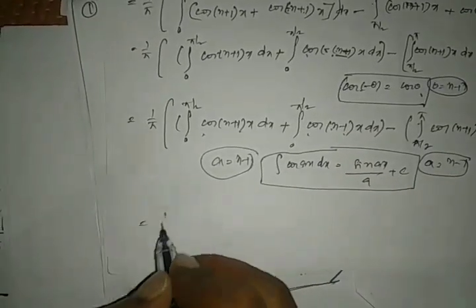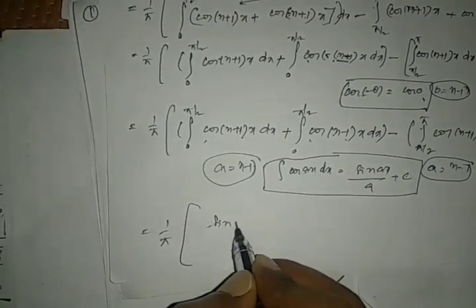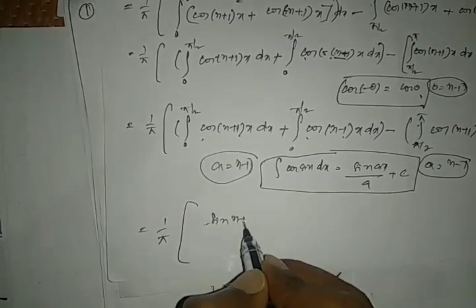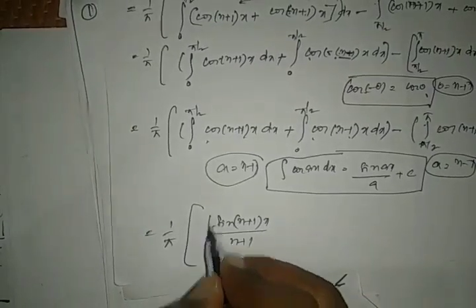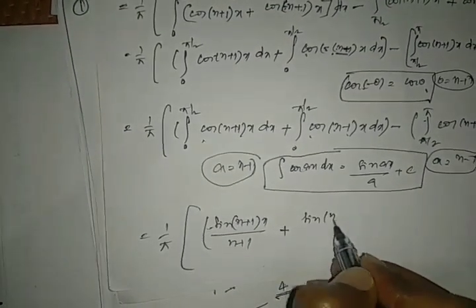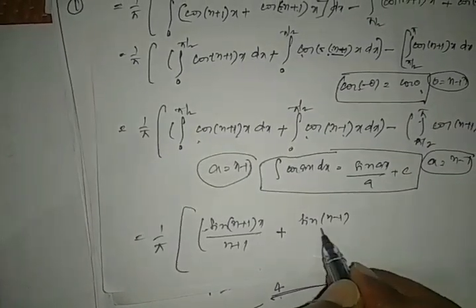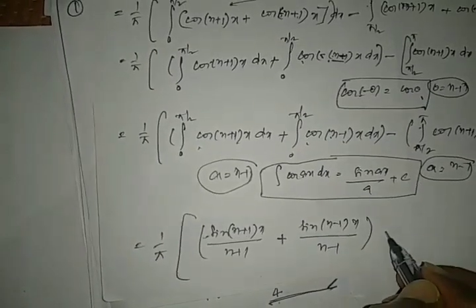Substitute here, that is equal to 1 by pi whole into, this is sin of n plus 1 into x by n plus 1 plus sin of n minus 1 into x by n minus 1.